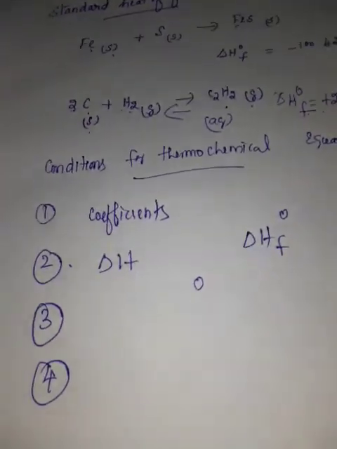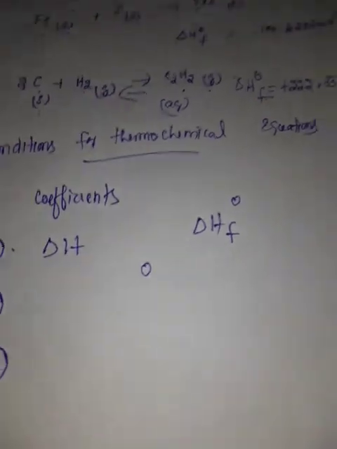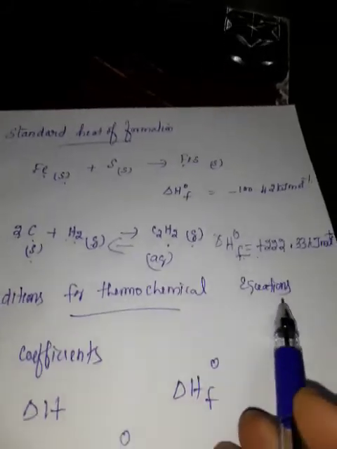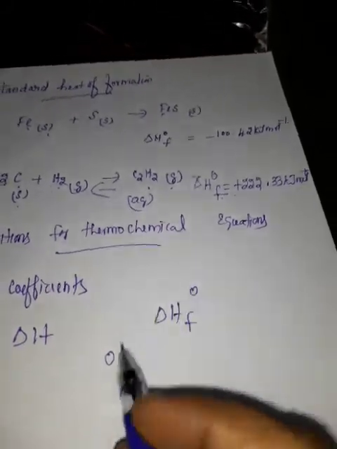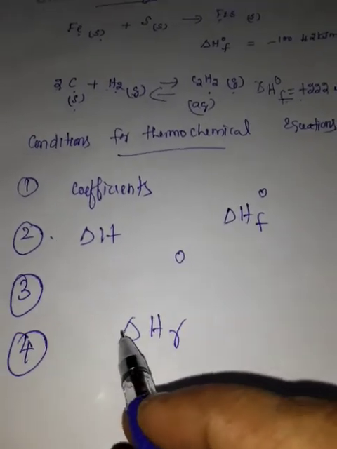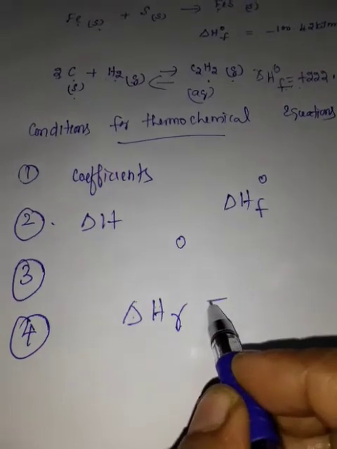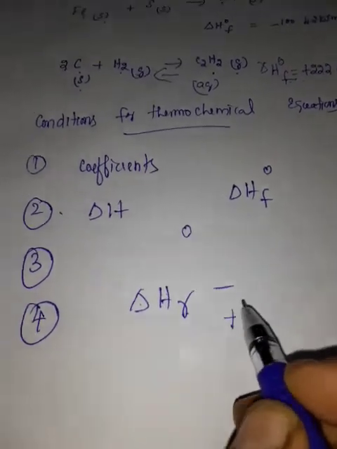Now the last point: the negative sign indicates the reaction is exothermic. Already I told you, negative means exothermic and positive means endothermic. Delta H R, R means reaction, is the enthalpy change for the reaction. If it is minus, it means exo; if it is plus, it means endo.